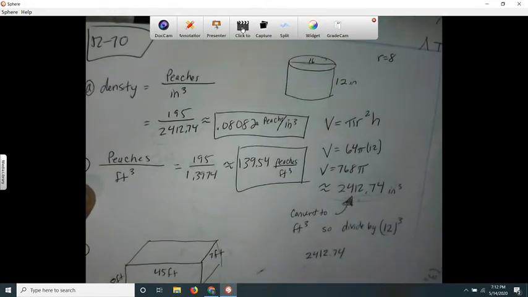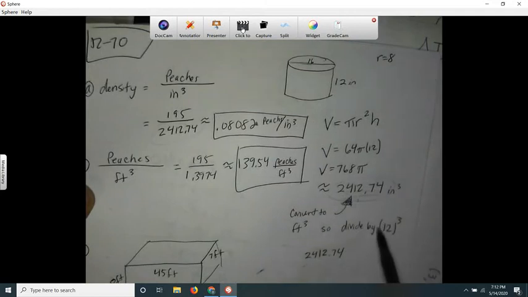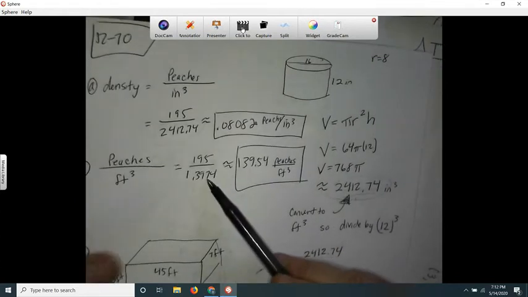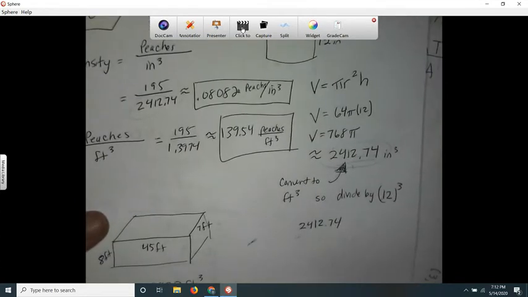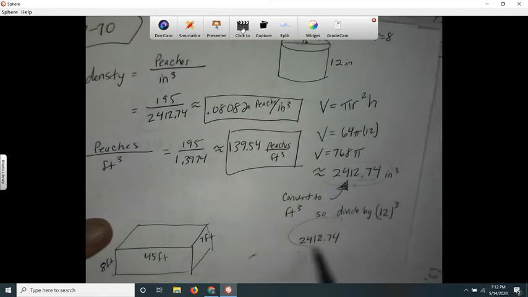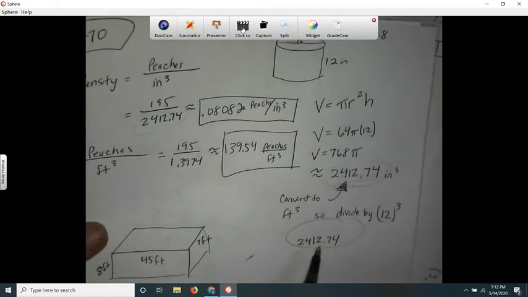I hope that makes sense. So if I divide this number by 12 cubed, I get this number right here.